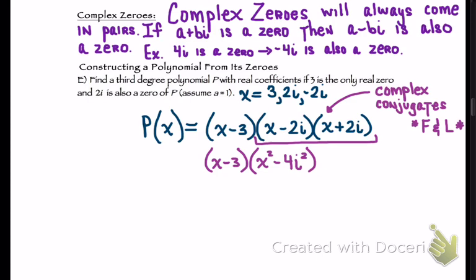Okay, so from here, I'm going to simplify this a little bit further. I remember that i squared is equivalent to -1. So this whole mess right here basically says -4 times -1.